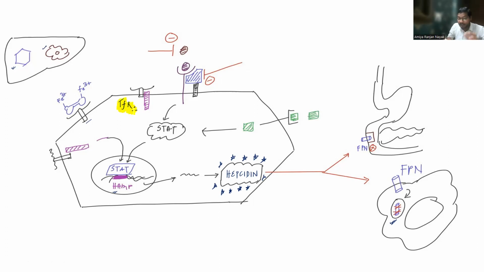You can appreciate that there is another protein molecule attached to this transferrin receptor 1. What is this protein? This protein is HFE. The protein which is bound to the transferrin receptor complex is nothing but the HFE.